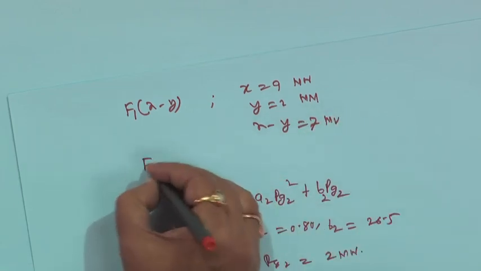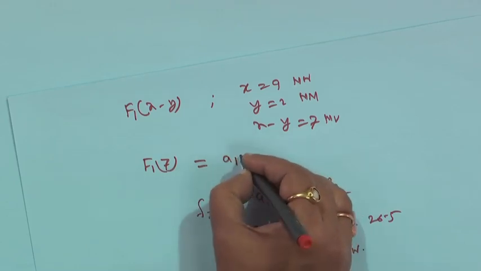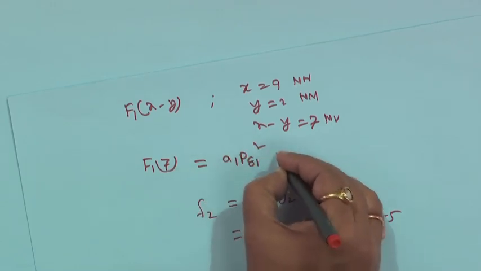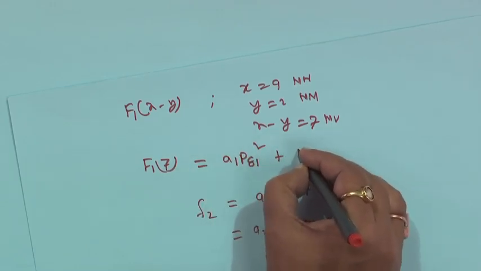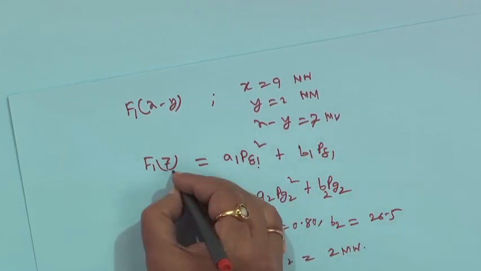So F17 is equal to the first cost characteristic, a1 pg1 square plus b1 pg1, but pg1 is actually 7.